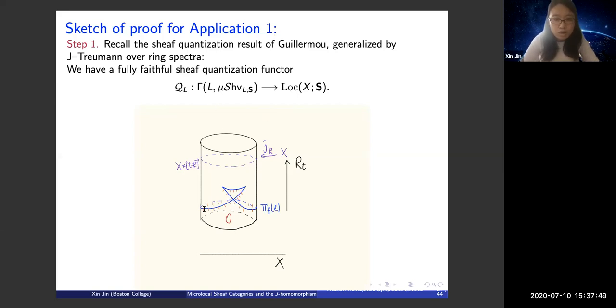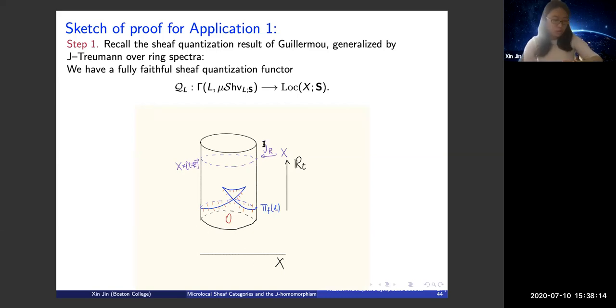You have this conic Lagrangian lift in the front projection. And then the sheaf quantization is like you have some global microlocal sheaf, which is a global section of this sheaf of categories, and then it gives you a local system on X, on the manifold X.